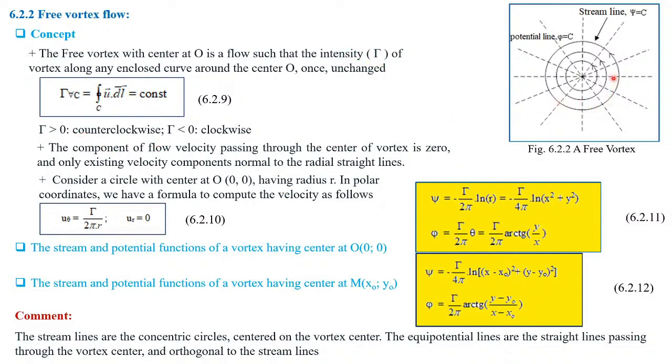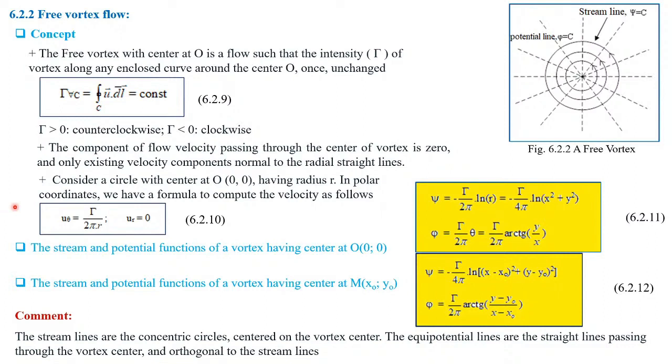That means here we take the integral on the curve, but in the counterclockwise direction the value of gamma is greater than 0, and if clockwise then gamma is less than 0. So the component of flow velocity passing through the center of the vortex is 0.